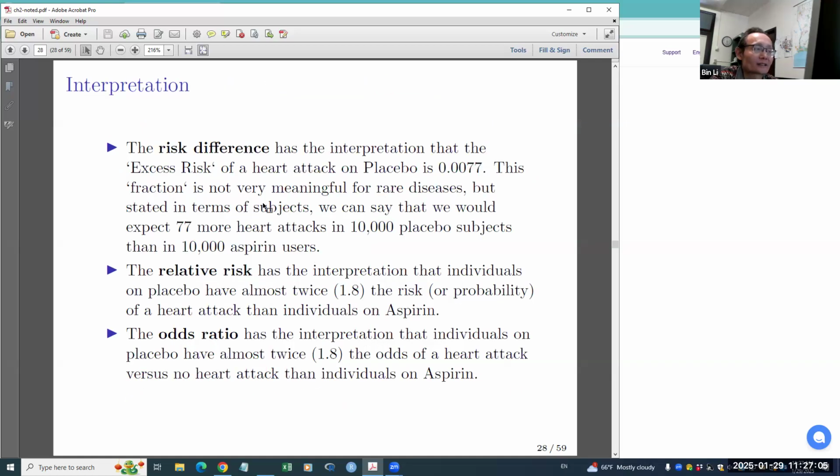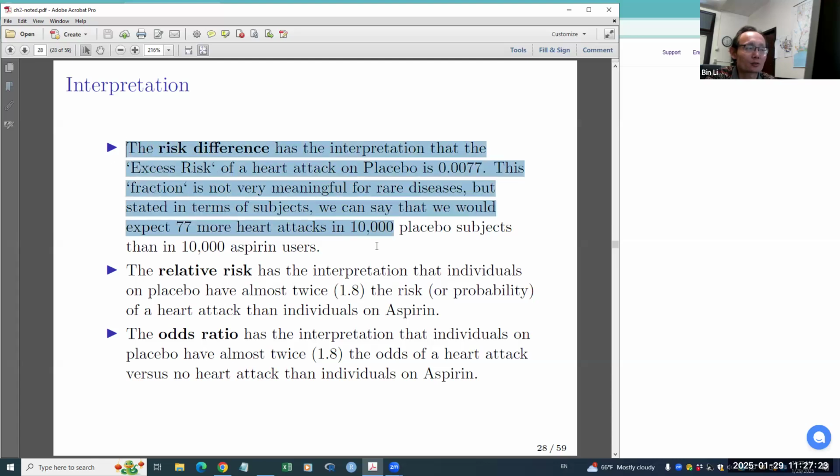That means we expect 77 more heart attacks in 10,000 placebo subjects than in 10,000 treatment subjects. Okay, so that's how we interpret using the risk difference.